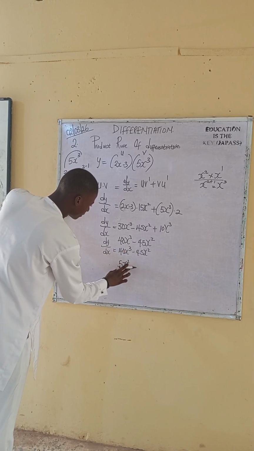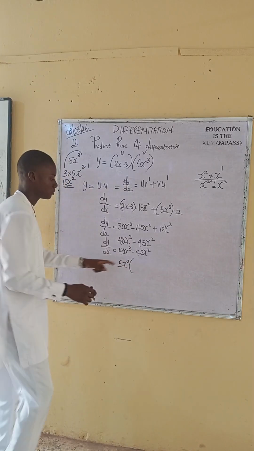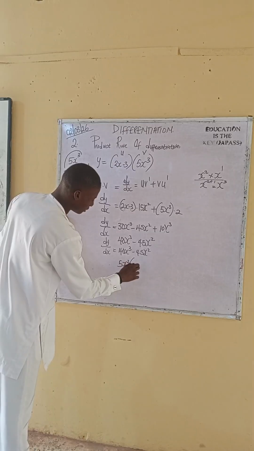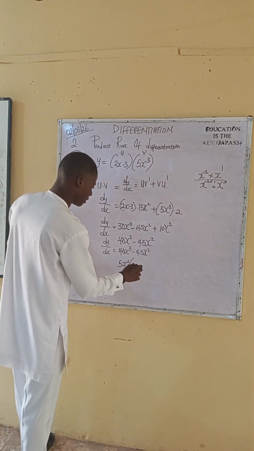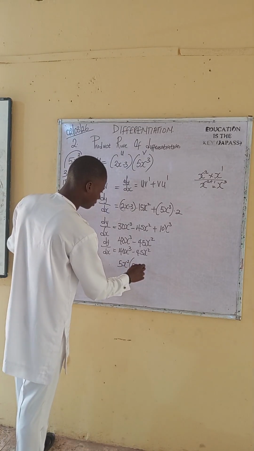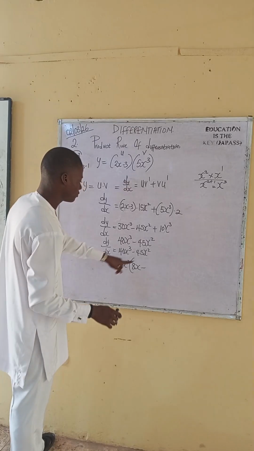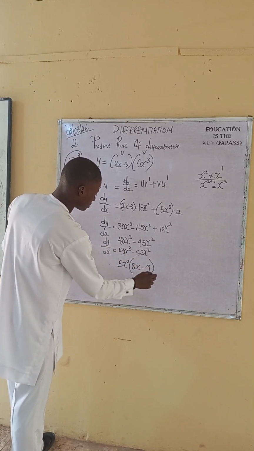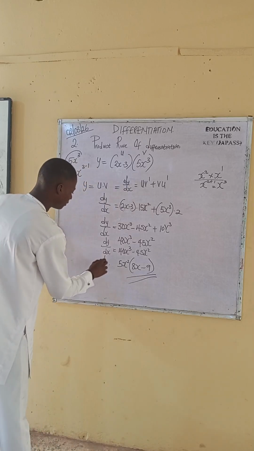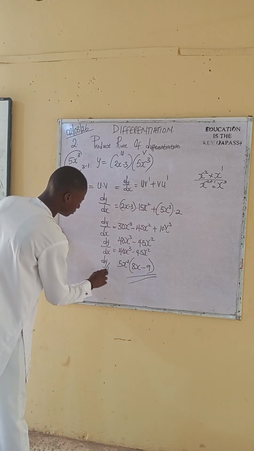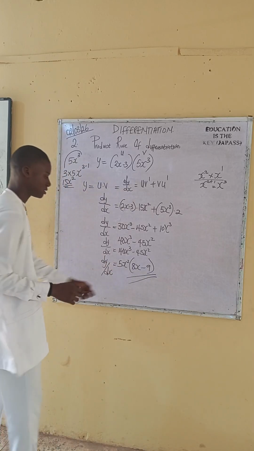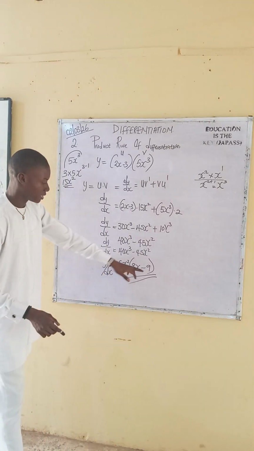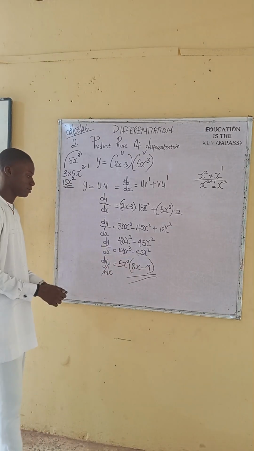I can bring out 5x squared and open brackets. 5 into 40 is 8, so I'm having 8x here, then minus 5 into 45 is 9. So this is the simplified form. But either one can go; this is in case you want to simplify further, whereby if you open this bracket, you still get back the same thing.